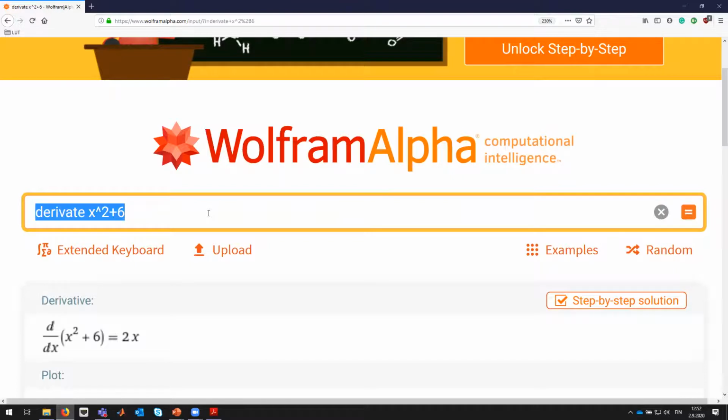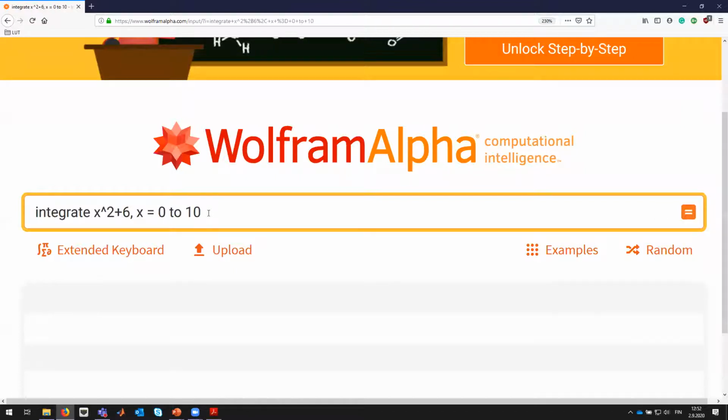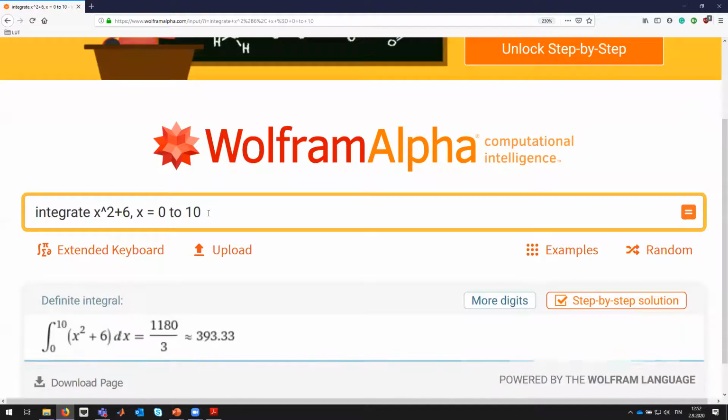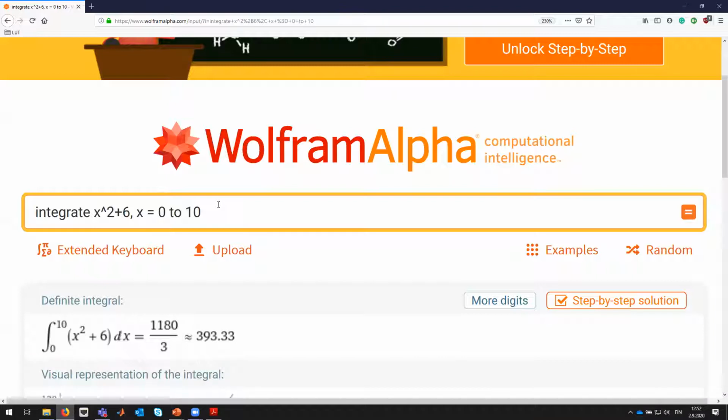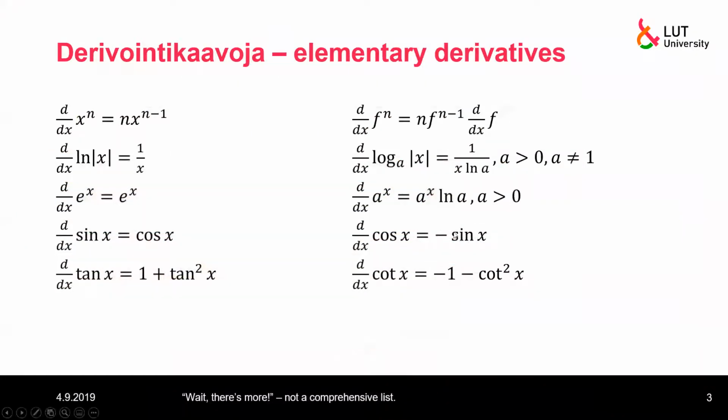So we can do things like integrate that, x from 0 to 10, and it should understand that. So we get the definite integral of that. Relatively useful, but also try to practice the following approach we're going to go through now.